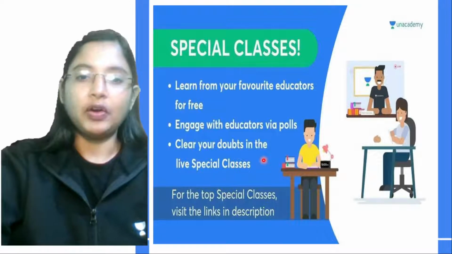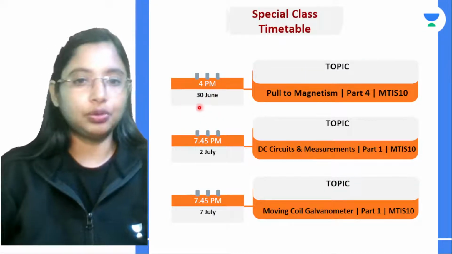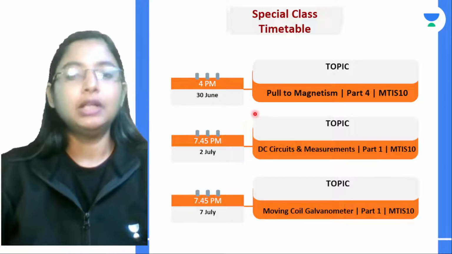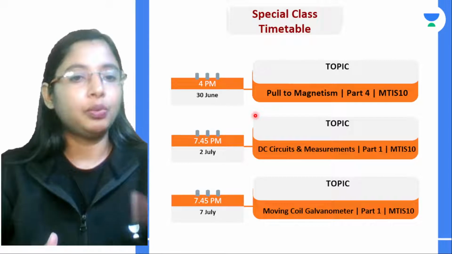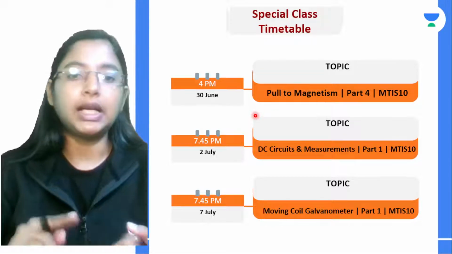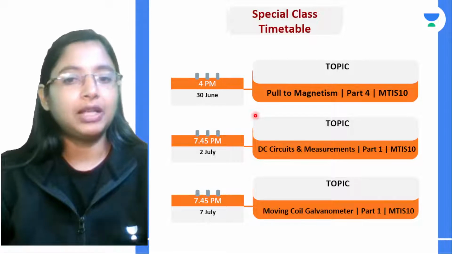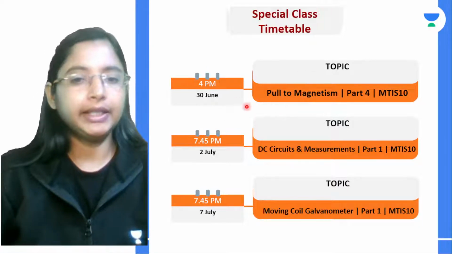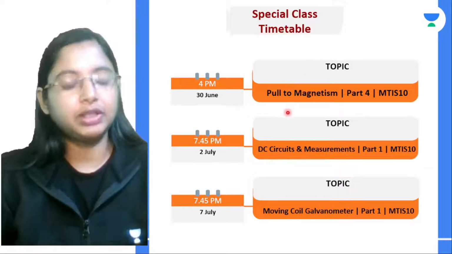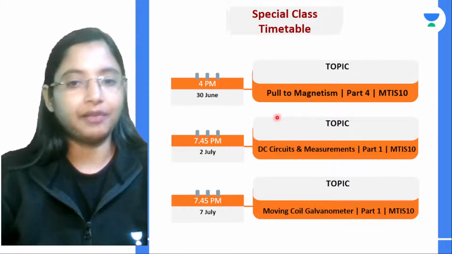So here, if you see, tomorrow, that is 30th June, we have a topic. In the beginning of the month, I said that on the YouTube platform we were covering Unit 1 and Unit 2, and on the Unacademy platform we were covering Unit 2 and Unit 3. This class is the last of this month, on magnetism. We'll continue from wherever we left off in the last class.